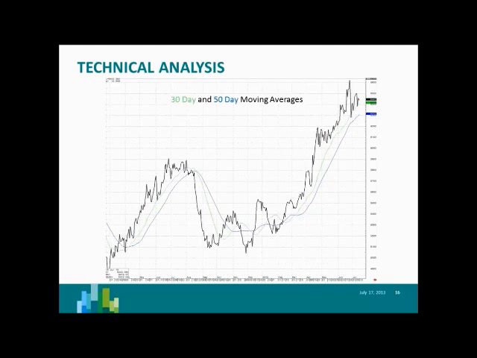So that would be an indication for you to get long the ratio at just under 50. And you would hold that all the way until the shorter moving average crossed the longer moving average on the downside. And that would be right here, and then you would have ridden that long ratio position to about the 55, 56 level.